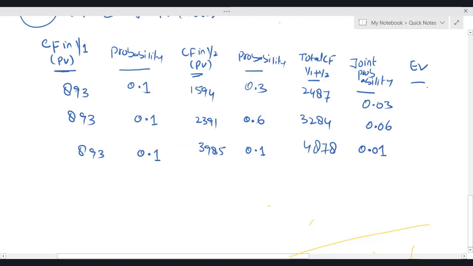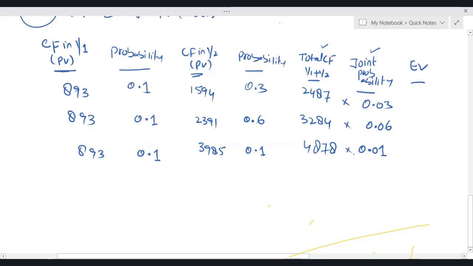Last column, how will we calculate last column? Just multiply these two columns, the total cash flows of year one plus year two with joint probability. 2487, or you can do this for your easiness.